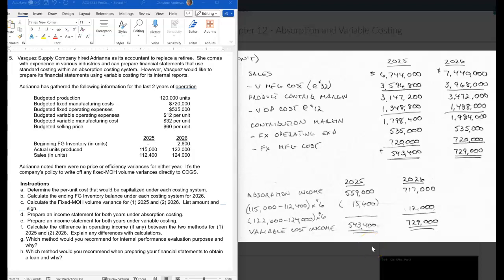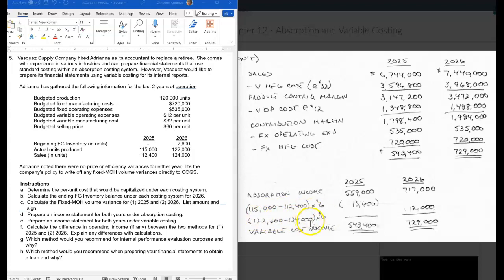So the last one then, in 2026, we've got absorption income of 717,000. And in this case, we had 122,000 units produced, but we sold 124,000. So in this case, some of those units are coming out of inventory and washing through cost of goods sold on the income statement.